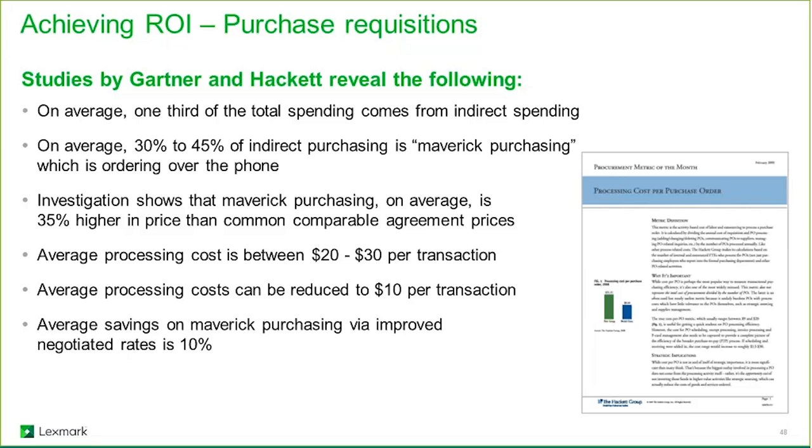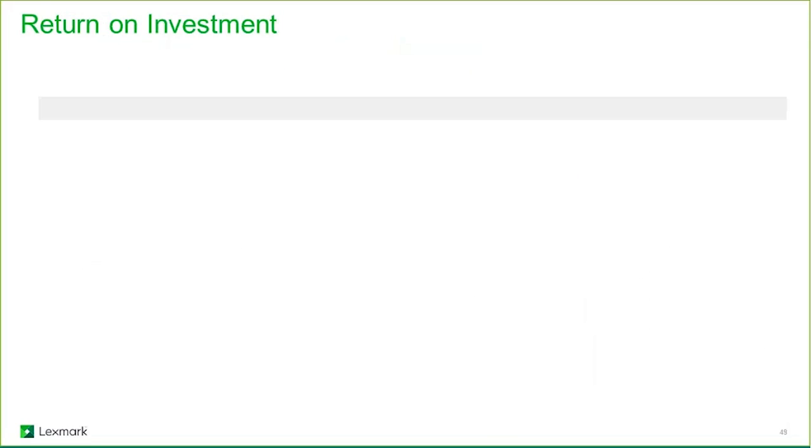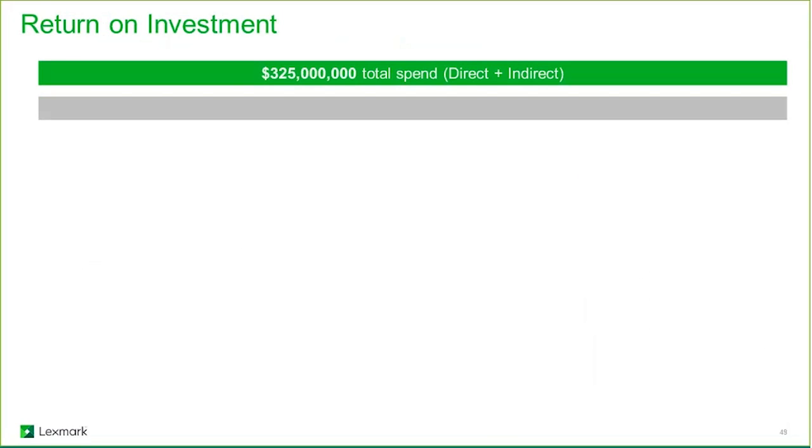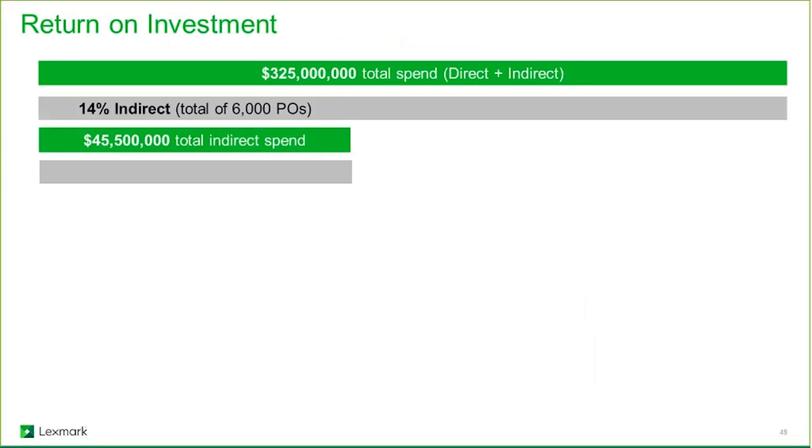But we're using a model that says the average spend in indirect spend and Maverick purchasing can be improved around 10%. So this is an important number, and this example that I'm about to show you illustrates that. So here we have an example of return on investment, which is actual. We have a company that has a total spend of direct and indirect spend of $325 million. And of that, 14%, which is about 6,000 purchase orders, are indirect.